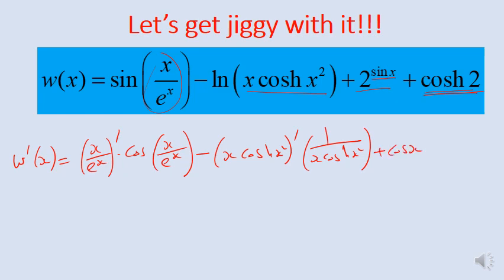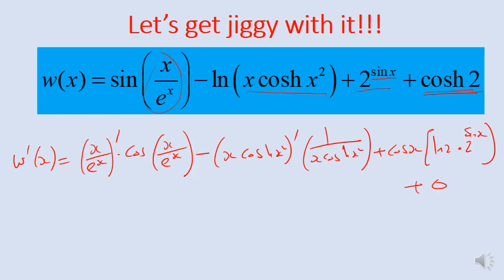Now we ask ourselves, what is d/dx of 2 to the power something? d/dx of 2 to the power something is ln 2 times 2 to that something. Take some time, have a look at that one very, very carefully. And of course, d/dx of cosh 2 is going to be 0. So no contribution there. Let me just put a big fat 0 over there.